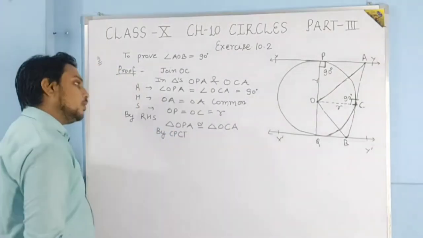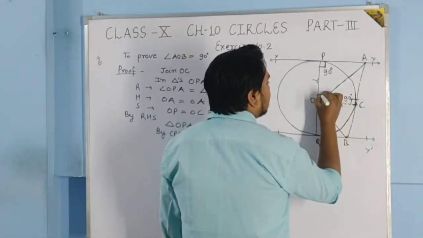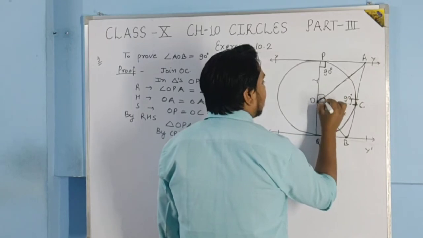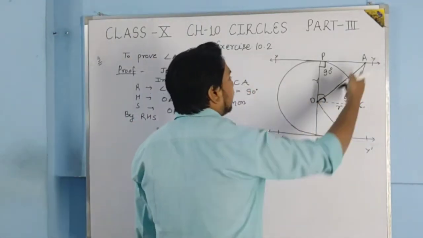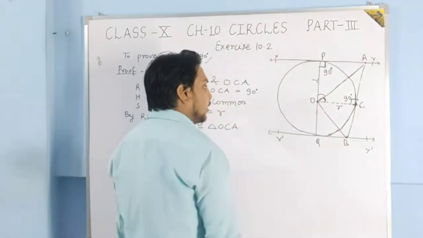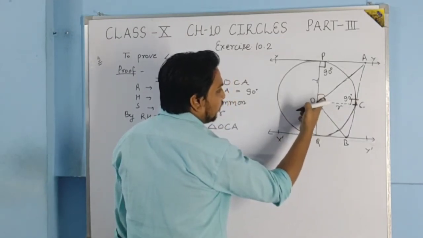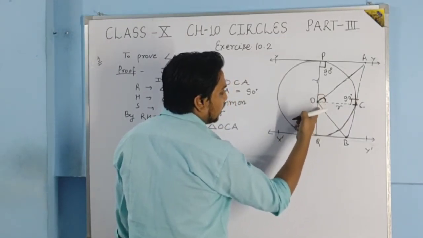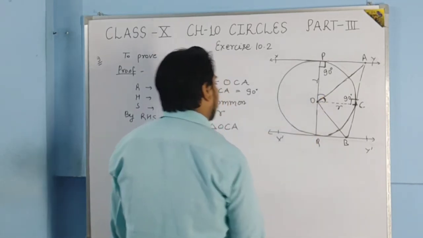Now it is very important to understand. By CPCT we can say, students, that this angle and this angle will be equal. We have to show that angle AOB, this angle, is 90 degree. So our approach will be: firstly we'll show that these two angles are equal, then we'll show that these two angles are equal, and then we'll take the linear pair of angles.